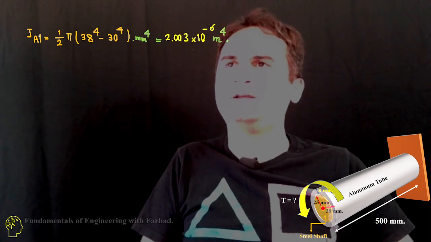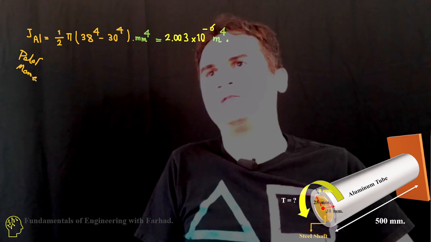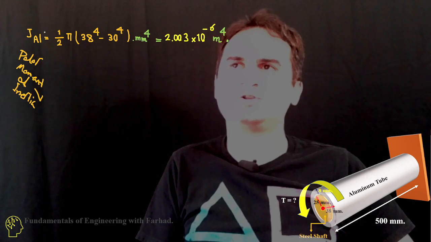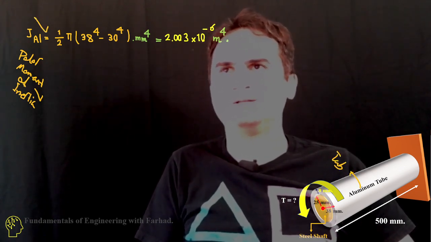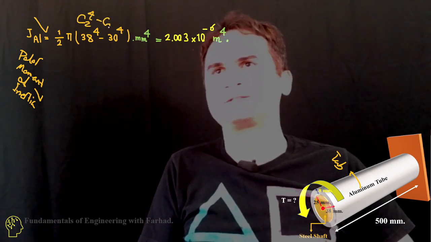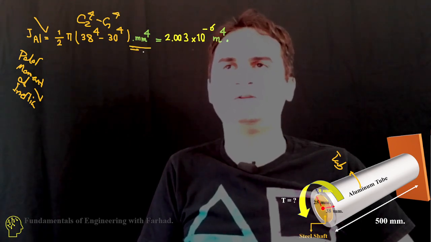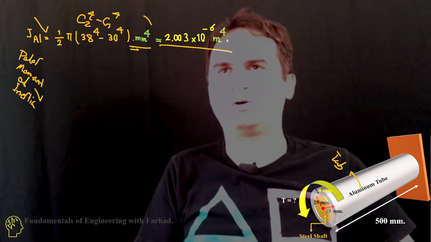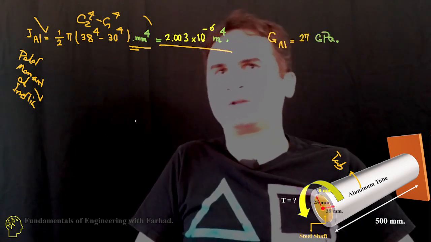Let's calculate the polar moment of inertia for each part. J for the aluminum tube is half of pi times C2 to the fourth minus C1 to the fourth, outer radius to the fourth minus inner radius to the fourth, in millimeters or inches, based on your unit, and it just gives us this amount, something times 10 to the negative 6 meter to the fourth.